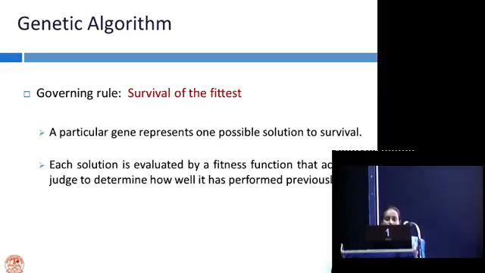Now, the governing rule behind genetic algorithm is the same as Charles Darwin's theory, that is survival of the fittest. And here, a particular gene represents one possible solution. And we have an evaluation function, that is the fitness function, which will judge whether the gene has to go into the next iteration or not. So each solution is evaluated by a function that acts as a judge.